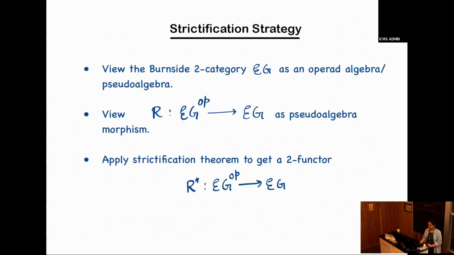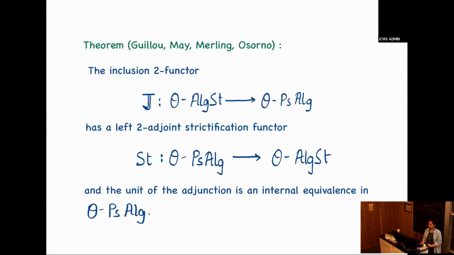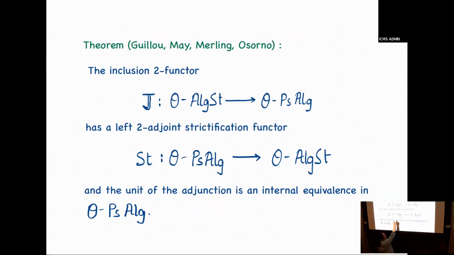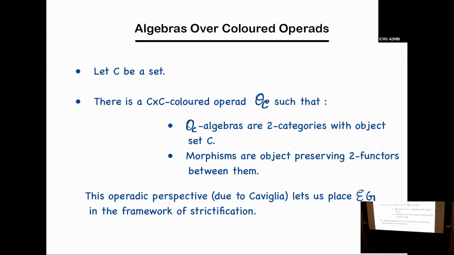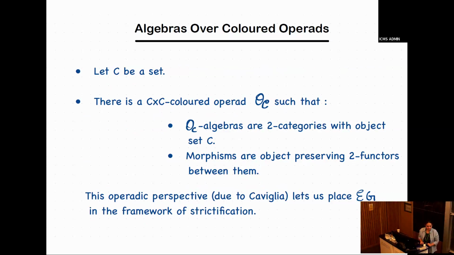So just let me go back to this. We want to see GE and GE op as elements here, and the arrow between them as elements here, and we just want to shift the whole thing to that side. So how do we do that? Go a little bit to algebras over colored operads.